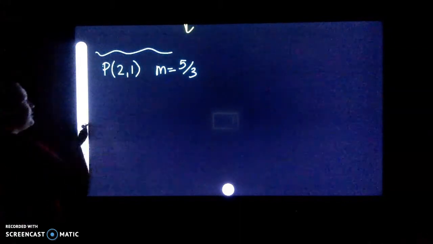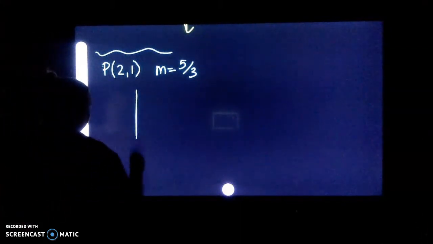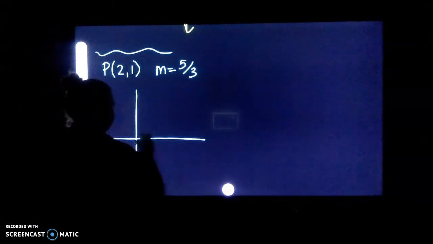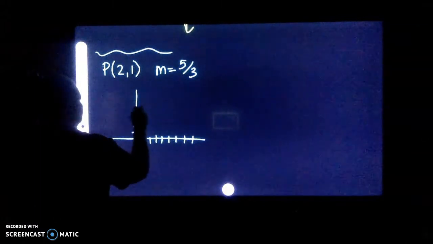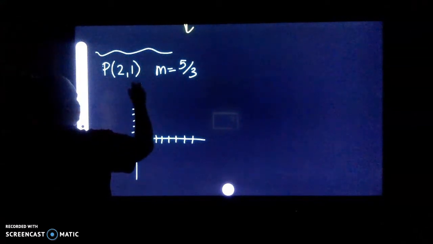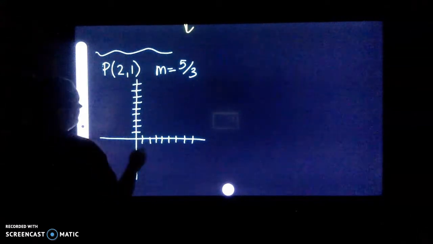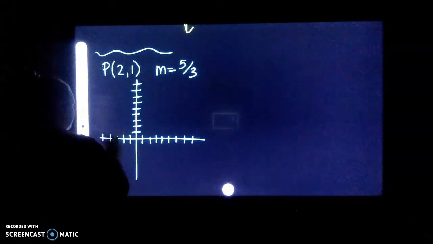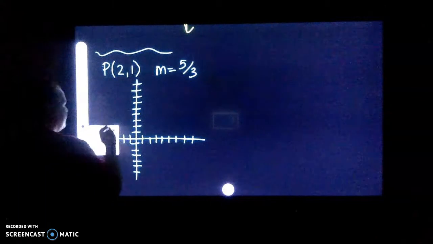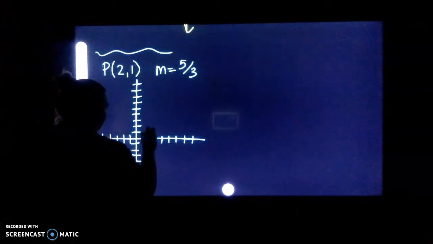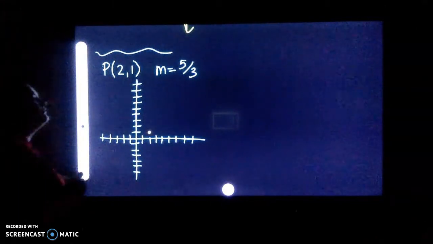Okay, so the first thing I need to do is plot (2, 1). I'm going to go to (2, 1) and plot my point.